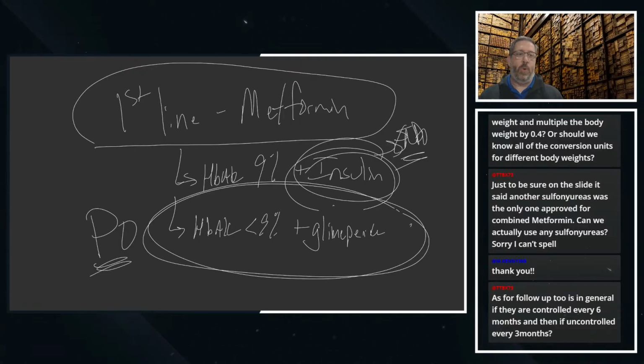So that's why you want 3 months for uncontrolled, knowing it may be 4 months before you see them. Those 6 months may turn into a year before they come back. So that's why, just get them on the books for 3 months and then go from there.